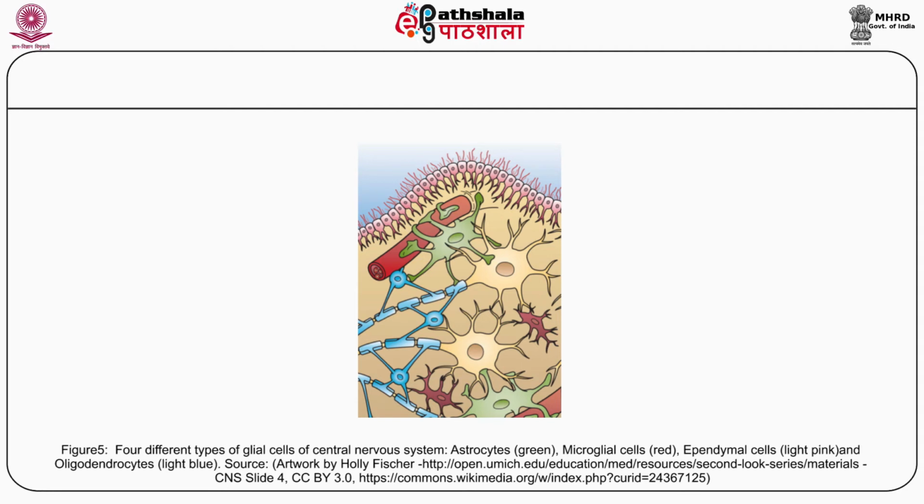Now we talk about the second cells, the oligodendrocytes. They secrete a lipid-rich myelin sheath which wraps around the axons of neurons, and this process we call myelination. Axon fibers insulated by myelin can carry action potentials at a speed of 100 meters per second, whereas without myelin they can only carry action potentials at a very slow speed, near about 1 meter per second.